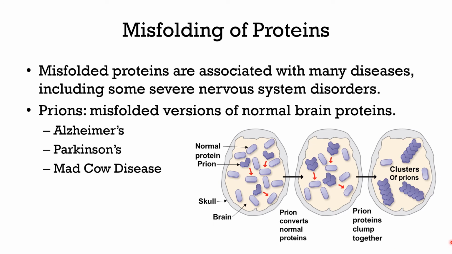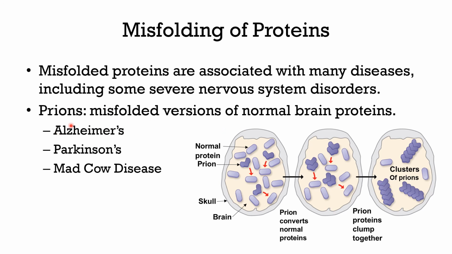Here we have an example of a normal protein, and these are in the brain, and these are what we call prions. You may have heard of prions when we were talking about mad cow disease in lab. So prions are misfolded proteins. Unfortunately, your body cannot break them down. It does not have the right machinery to break down a prion. So prions start to get clumped up in your brain, and they eventually will cause some pretty bad nervous disorders.